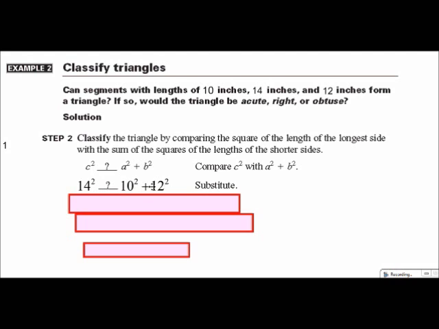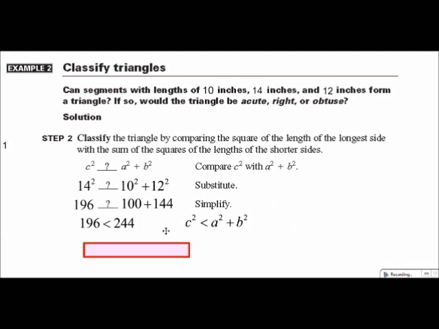The possible legs over here, 10 squared plus 12 squared. Go ahead and square everything. Then add up those two. And we can see now that our C squared is less than A squared plus B squared. Less than, so that hypotenuse side, that biggest side, is smaller than the other two. It closed up a little, so that angle got smaller. So we have an acute triangle when C squared is less than A squared plus B squared.